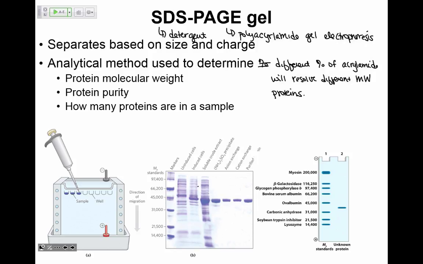Okay? So we can use that depending. Question? What's the word before different? It was percent cross-linked. You can resolve different molecular weight proteins.